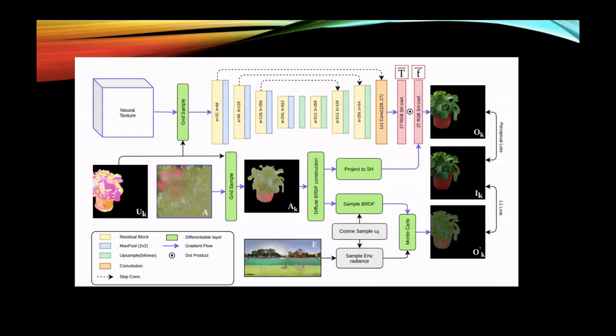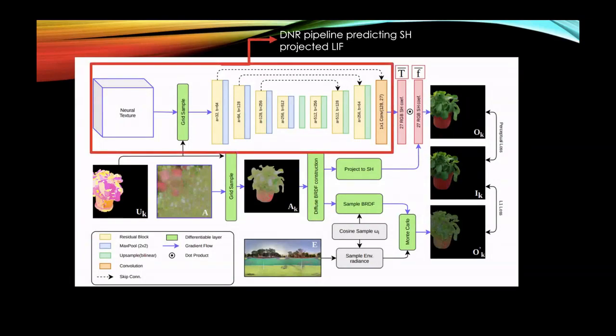Now we come to our pipeline. The first part of the pipeline is very similar to the deferred neural rendering pipeline. Only this time, instead of predicting three-channel RGB images, we are predicting the SH projected LIF. We employ the same concept of neural textures and the neural renderer. Here, the neural renderer is predicting the SH projected LIF, and the neural texture is encoding the scene.